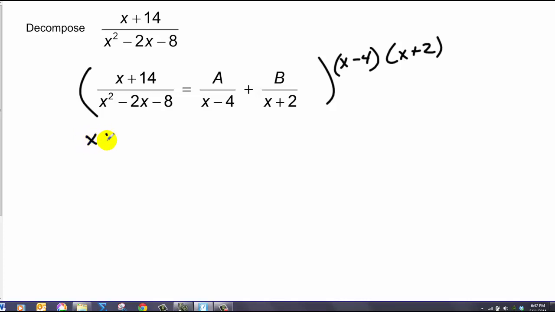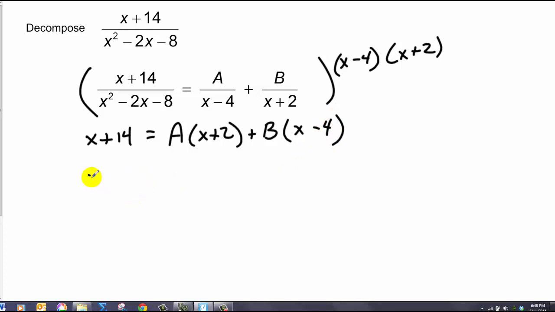I'm left with x + 14 is equal to some constant A times (x + 2) plus some constant B times (x - 4). I can distribute this out, giving me x + 14 equals Ax + 2A + Bx - 4B.